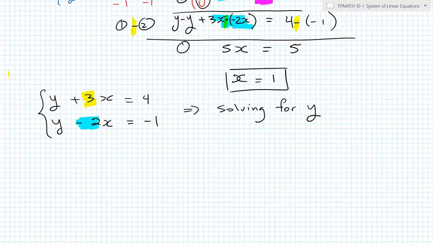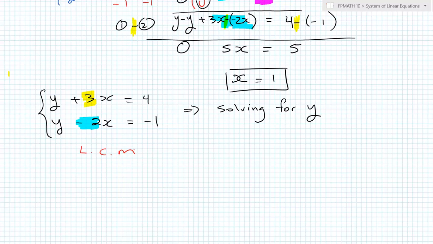You need to come up with the lowest common multiple of the two numbers and multiply both sides of the equation by that factor, so that you get the lowest common multiple, and then they will be the same. For example, in this case, the lowest common multiple is 6.